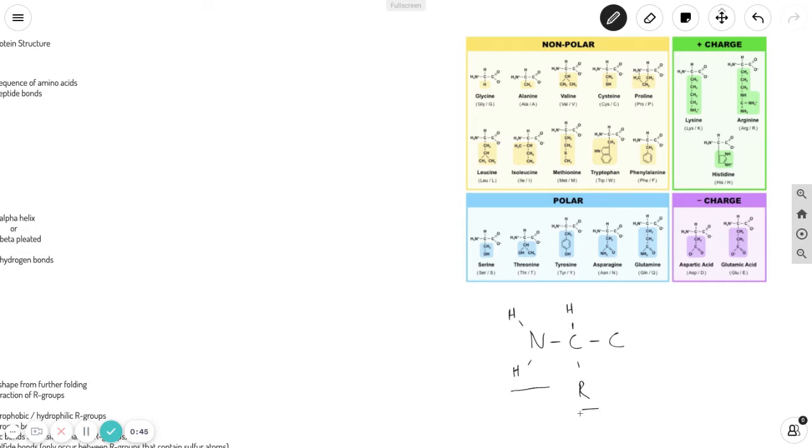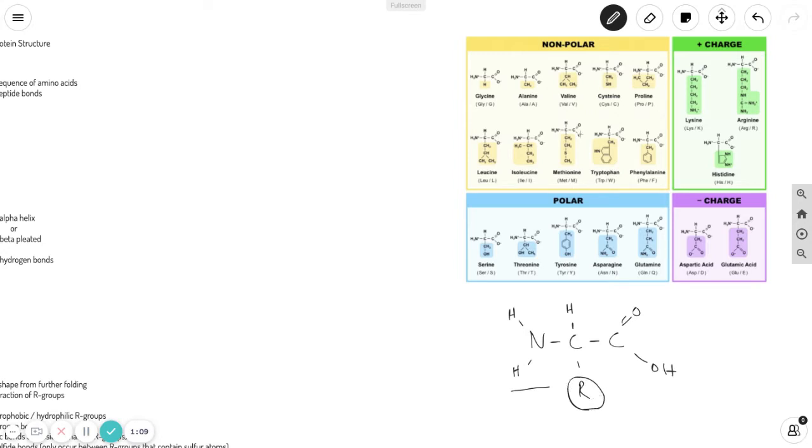So there's our amine group, the R group, and then the carboxylic acid group. There's our double bond oxygen and our hydroxyl. And this is, apart from the R bit here, the rest of it is all the same. Nothing changes there. So the only thing that does change is the R group.